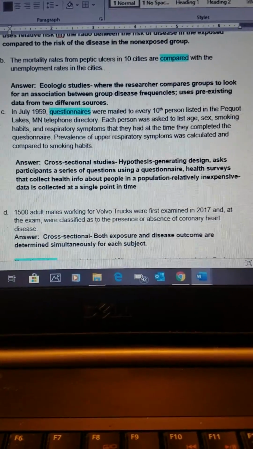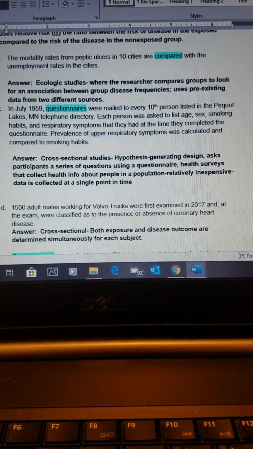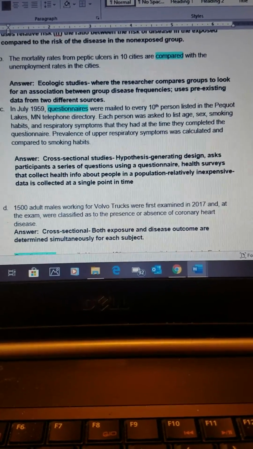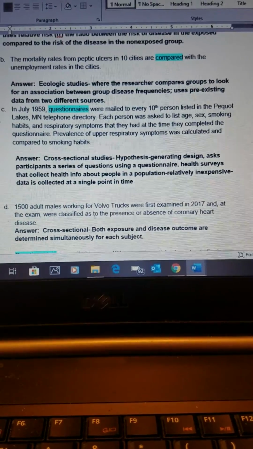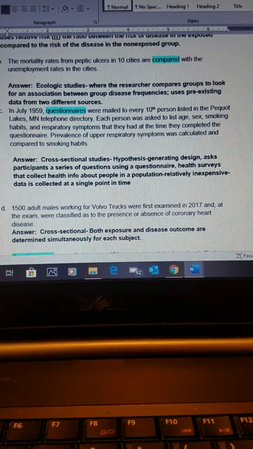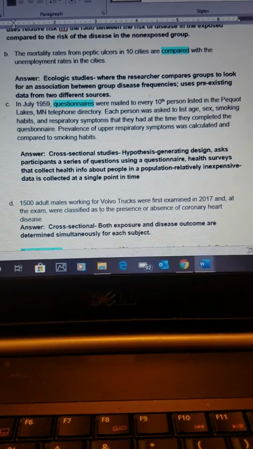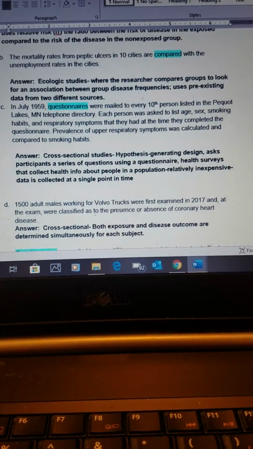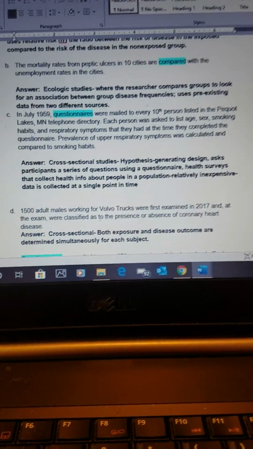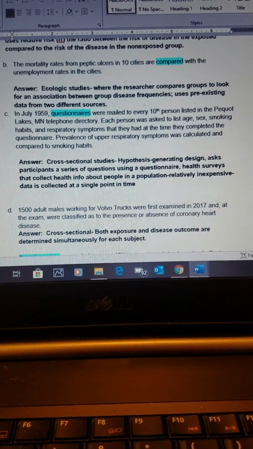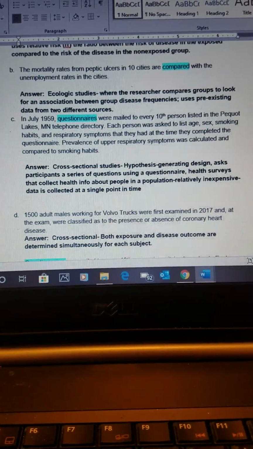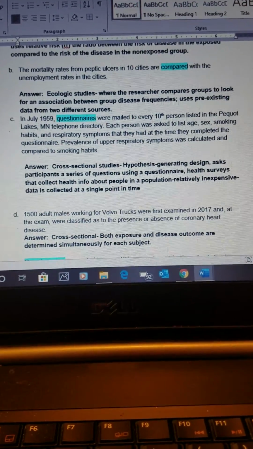In July 1959, questionnaires were mailed to every 10th person listed in the Pequot Lakes, Minnesota telephone directory. Each person was asked to list their age, sex, smoking habits, and respiratory symptoms at the time they completed the questionnaire.